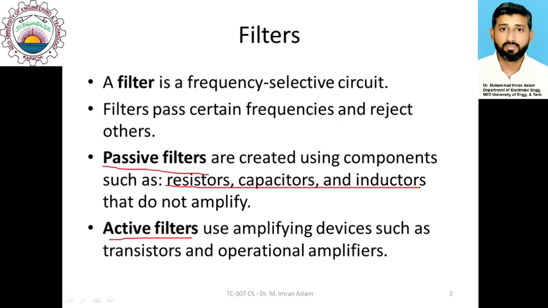However, there is another class of filters which is named active filters. Active filters incorporate amplifying devices in the circuit like transistors and operational amplifiers, and by using that operational amplifier, the filtering properties are achieved, as well as certain amplification.